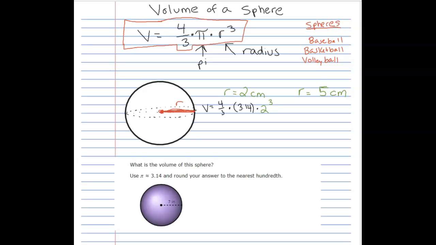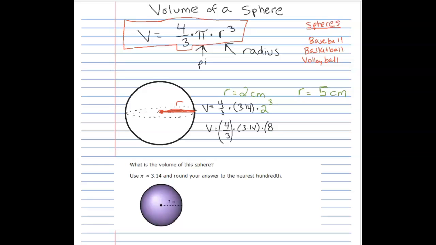This part, you could easily just do right in your calculator. So we have 4 over 3 times 3.14 times 2 to the third power, which is 8. 8 times 3.14 times the 4 over 3 in parentheses.